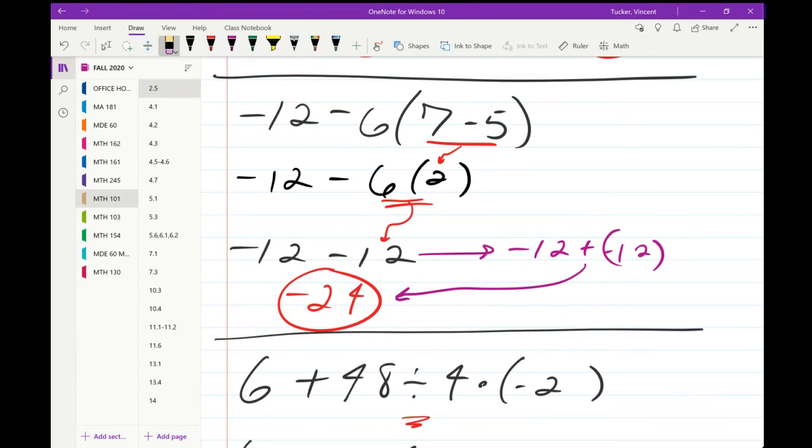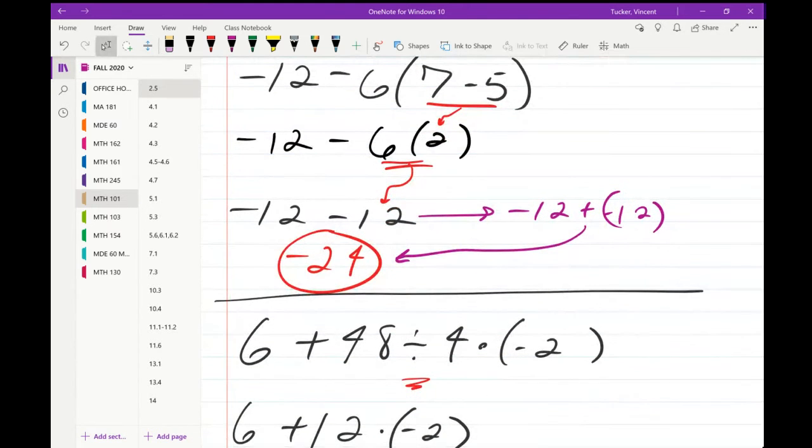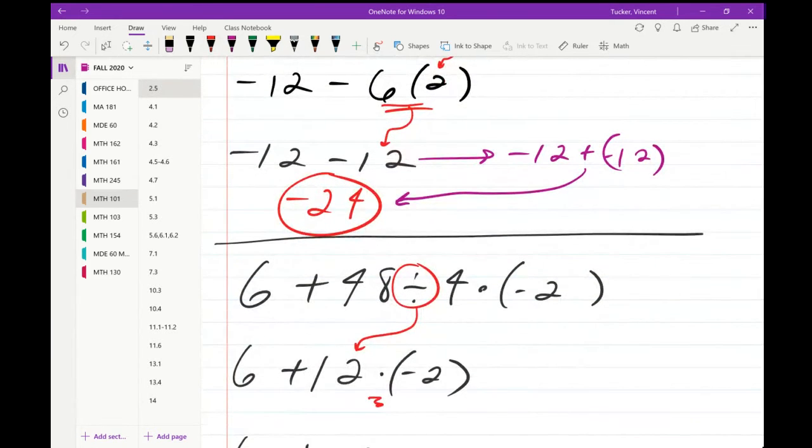All right, the next one, 6 plus 48 divided by 4 times negative 2. Notice we have three operations here: plus, division, and then multiplication. The first one that should get our attention is our division. So we'll do 48 divided by 4, which will give us 12.